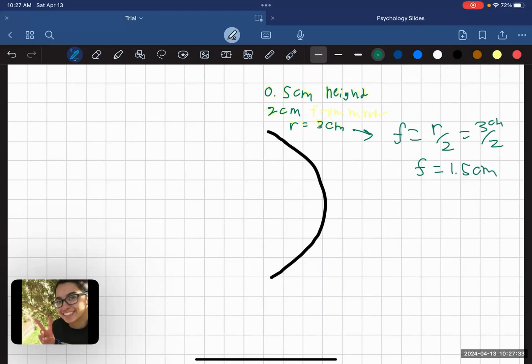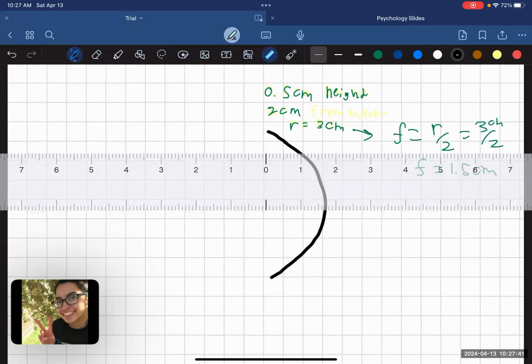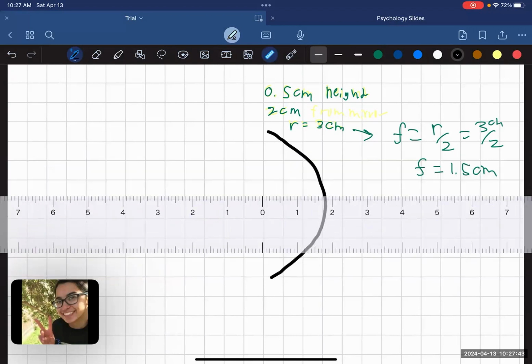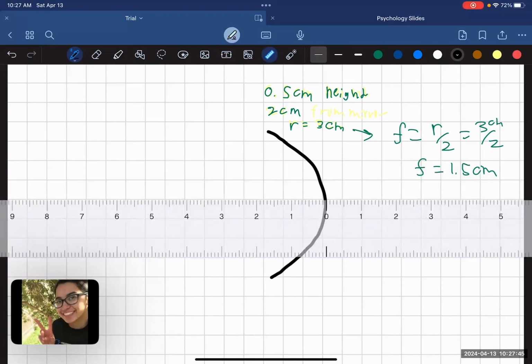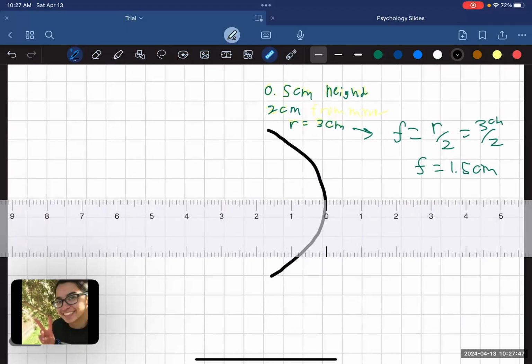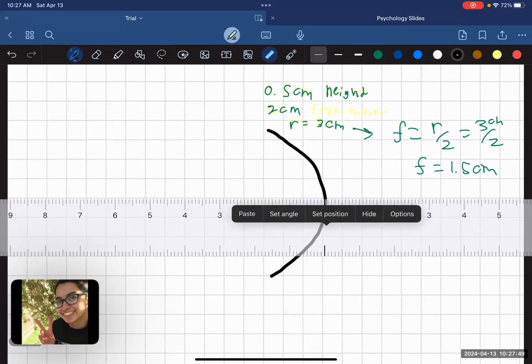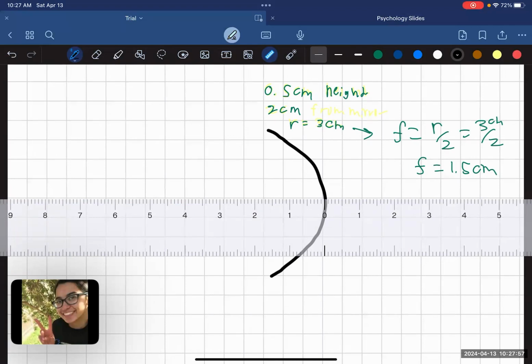We can also add our object, so let's do that. So we'll start that at the mirror there. Then we have our object 2 centimeters in front of it, right?